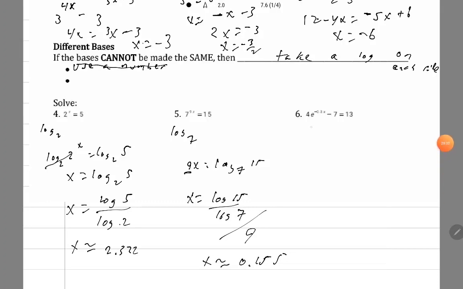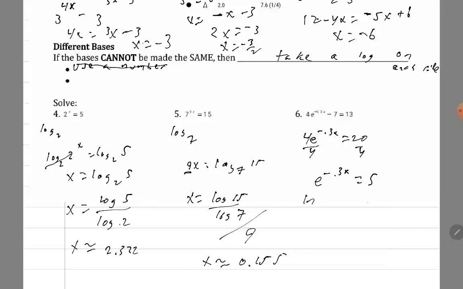Alright, and then remember base e, for e to the negative 0.3x. Remember, always get your exponent by itself. So we're going to add 7 over and get 20, and then divide by 4. So now we have e to the negative 0.3x equals 5. We're going to do the natural log. That's the opposite of e.